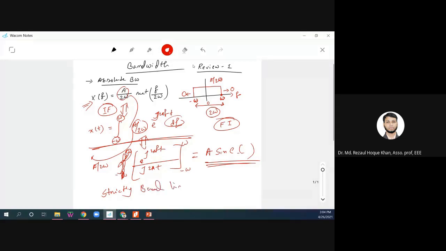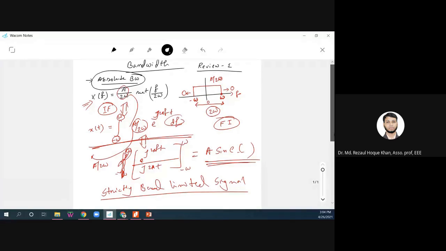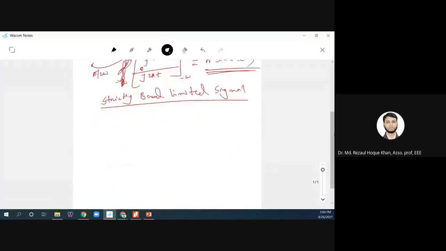For a strictly band limited signal, this is the only definition you can have, absolute bandwidth. If it's not, then you can have other definitions.